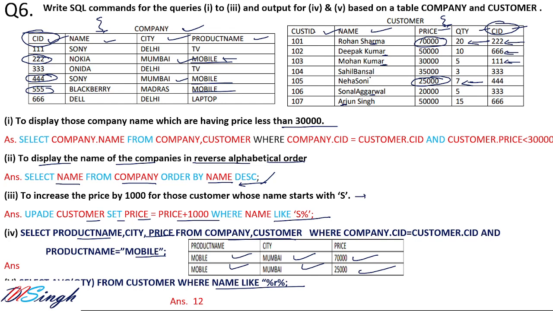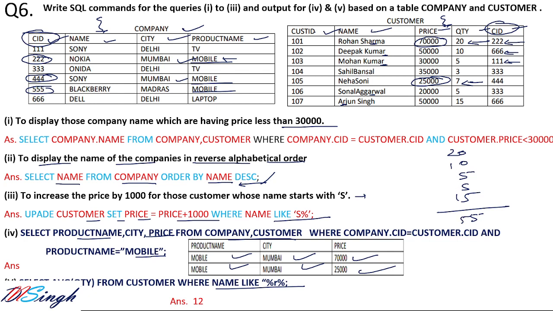So these three records and last two records: 20 plus 10 plus 5 plus 5 plus 15. So how much is it?